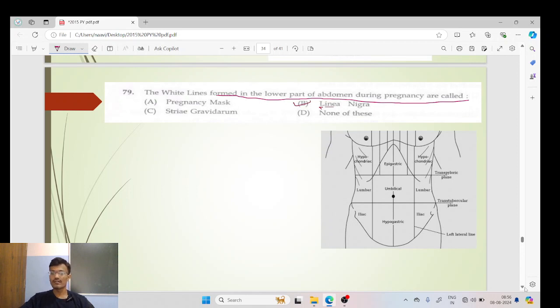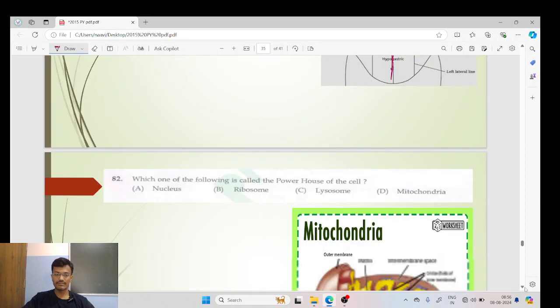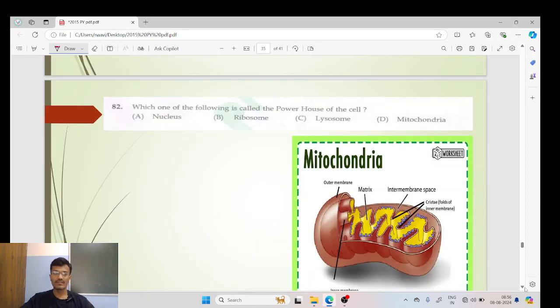This is the name of that line on the abdomen during pregnancy. Which of the following is called the powerhouse of the cell? The mitochondria.